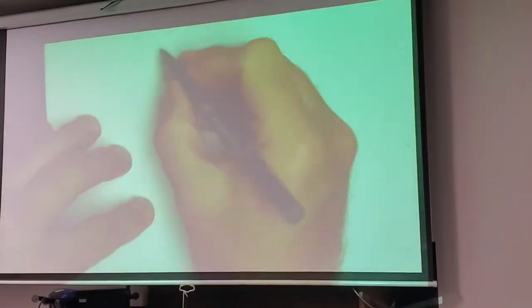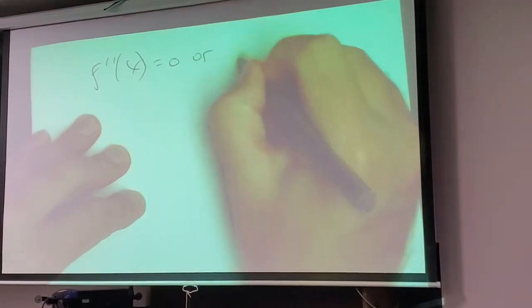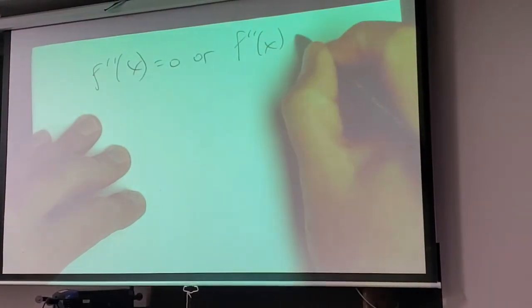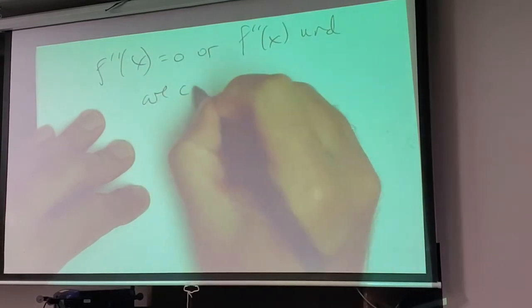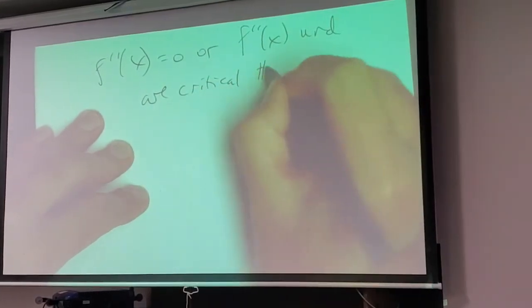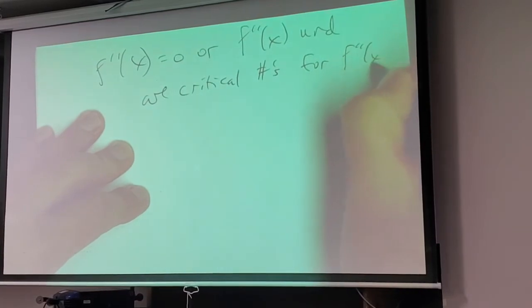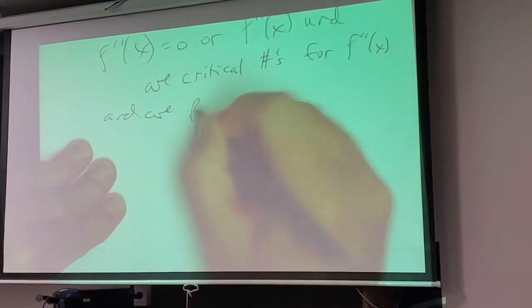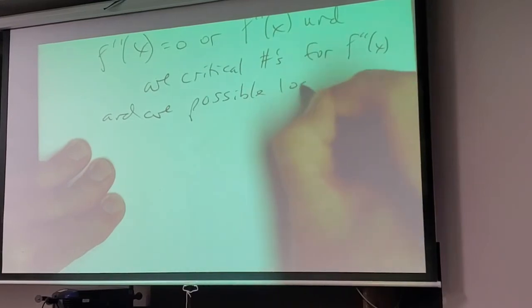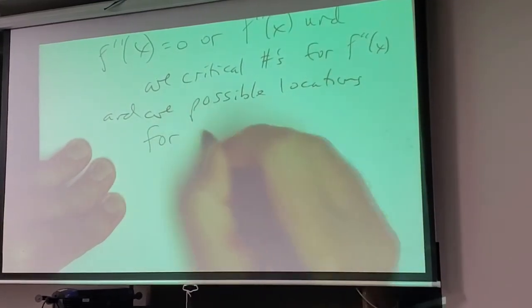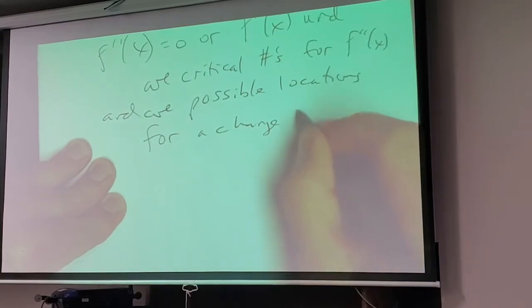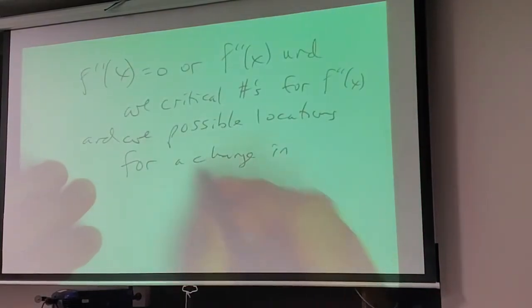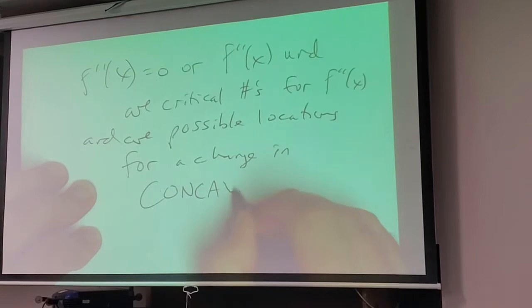So what we call this thing for the second derivative: the second derivative equal to 0 or the second derivative undefined are the critical numbers for the second derivative and are possible locations for a change in, I haven't said this word yet, concavity.